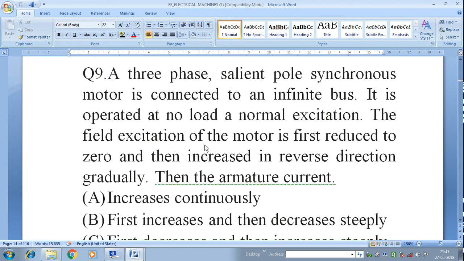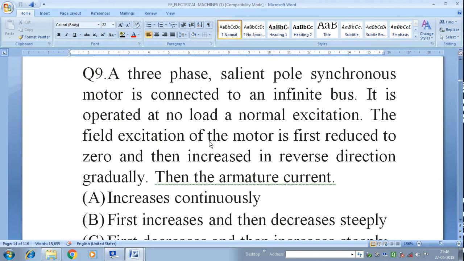Like this, it is cut alternately by north and south poles. Therefore, one EMF is developed, that is called back EMF, which opposes the supplied voltage like DC motor. But in this case, as the speed remains constant, back EMF only depends upon excitation. Therefore, this is also called excitation voltage.